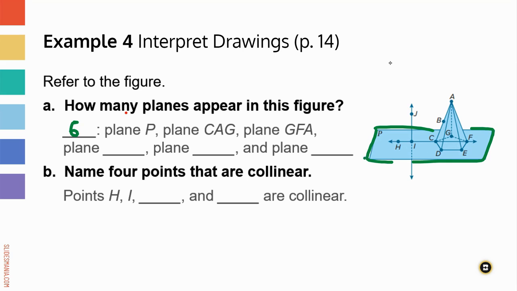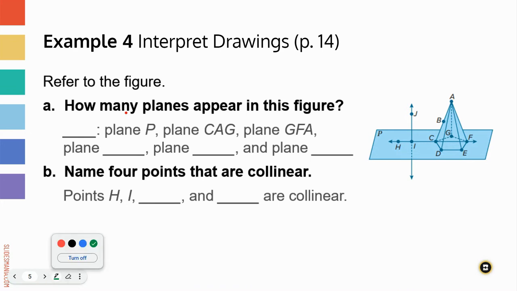Okay, so we've got plane P, which is this rectangular plane. It's named with this P. Plane CAG is that plane in the back there. Plane GFA.